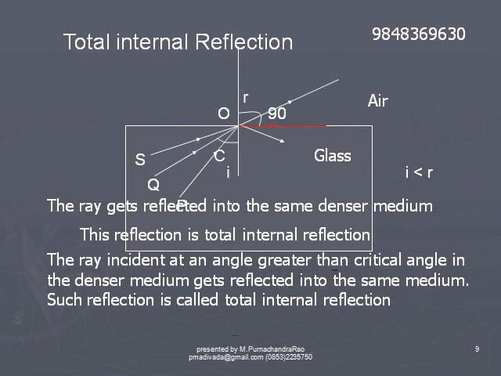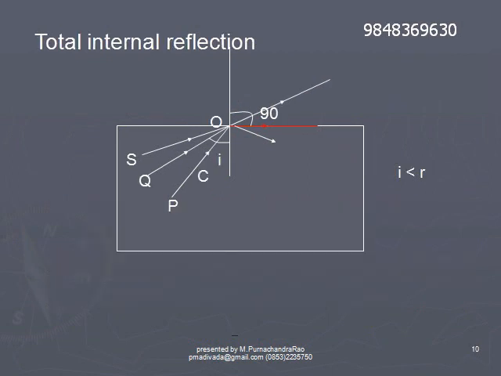So total internal reflection takes place when a light ray traveling in a denser medium is incident at an angle greater than the critical angle at the surface of the two media. If C is the critical angle, then the angle of emergence for this angle is 90 degrees.